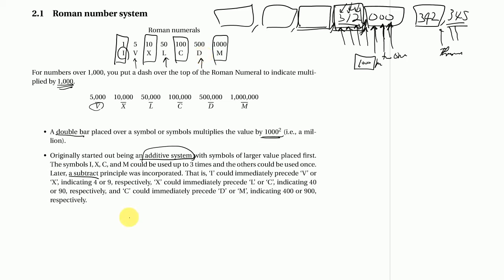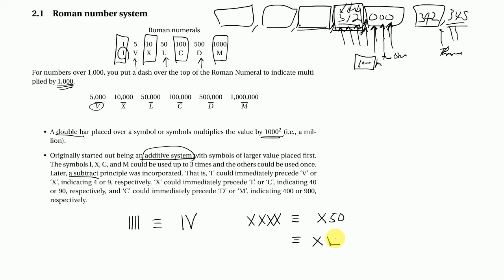So instead of these 4 ones, we can say 1 subtracted from 5, right? We are so familiar with this one, so it's kind of similar. Then how about 40? Instead of writing 4 X's, the same as from 50, we subtract 10, right? So it's going to be kind of Excel style.